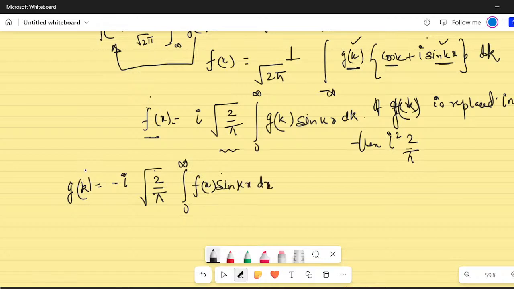So if I replace this g of k in this particular place, then what will I get? My f of x would then become simply like this. So just pay attention here.